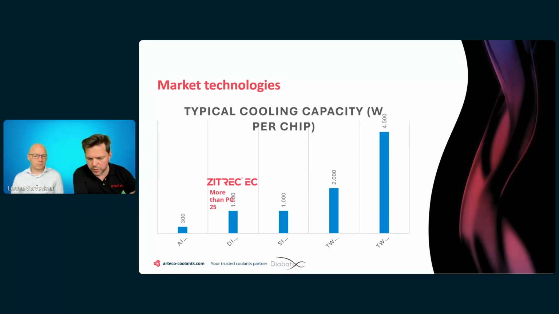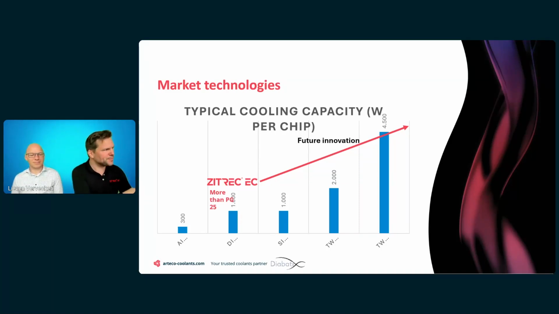That's also the sweet spot of where PG25 could be. But we believe that with future innovation, we can still have water-based solutions that could cool chips more in the future. With that being said, I would like to switch over to Senne. Senne is our technical manager at Arteco, and he can explain how we will do this.